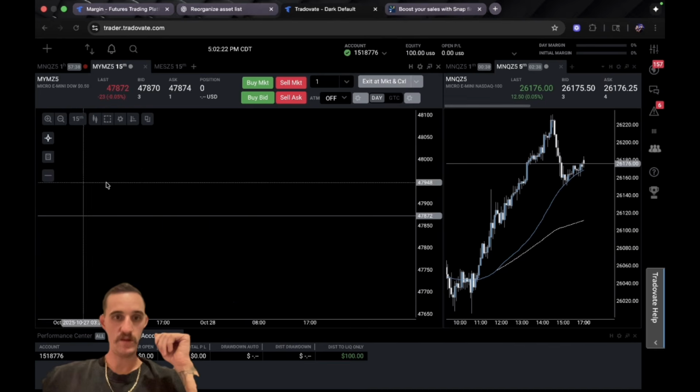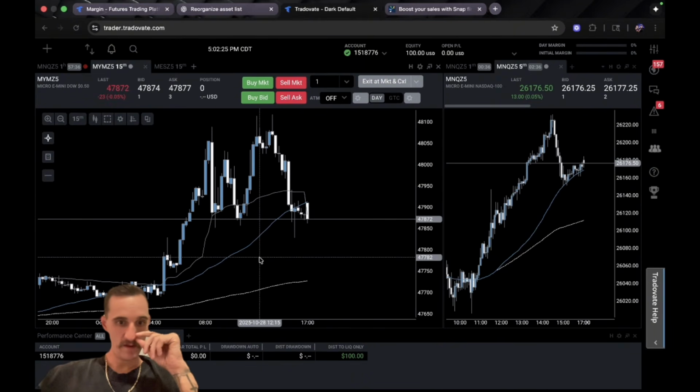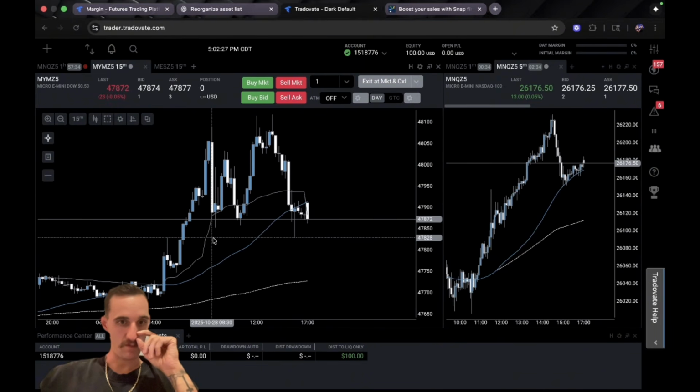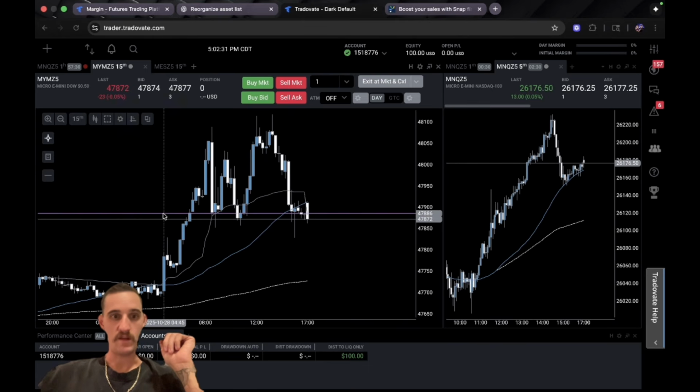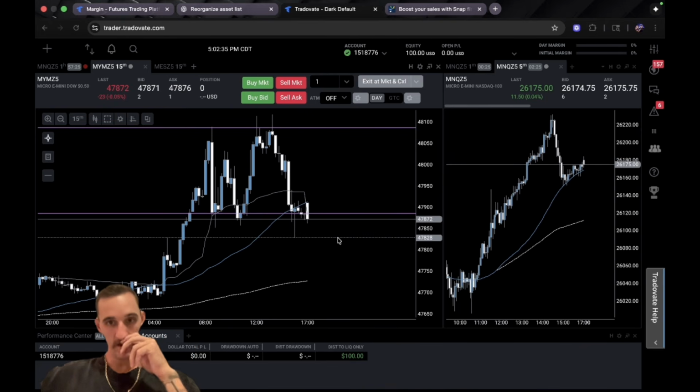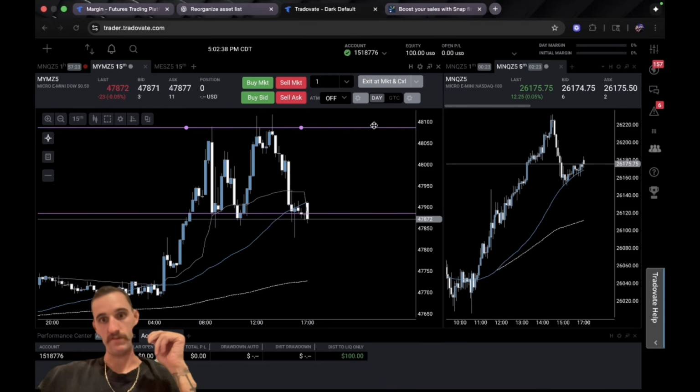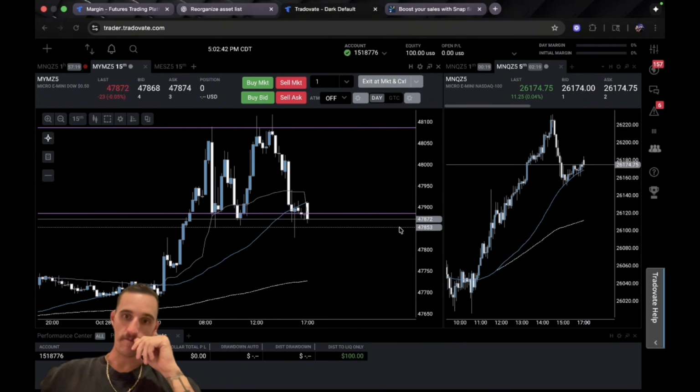Let me go to a 15 and pull this all up. Let's look at an 8:30 candle. Boom, there's the market open. So I want you guys to understand how far this thing normally moves. You're looking at from 48,090 roughly, 80, to 47,880.